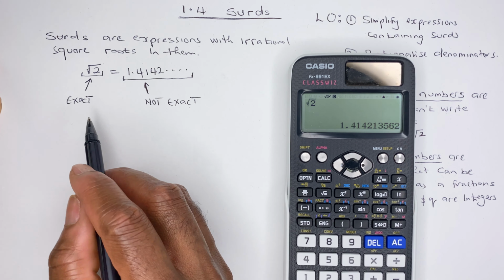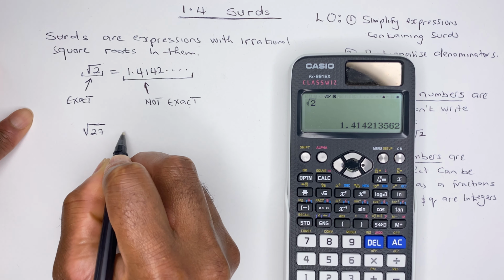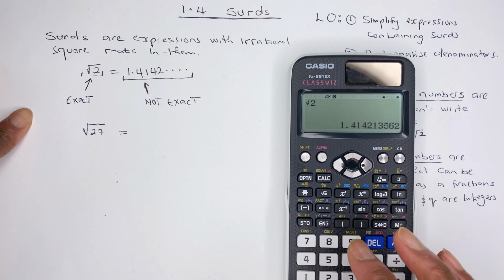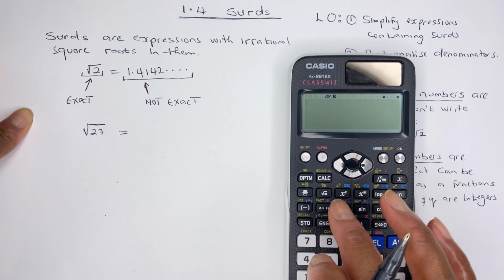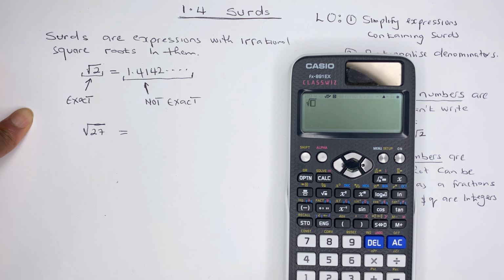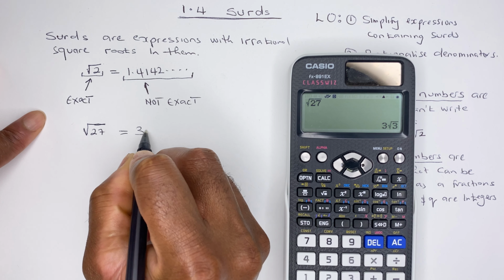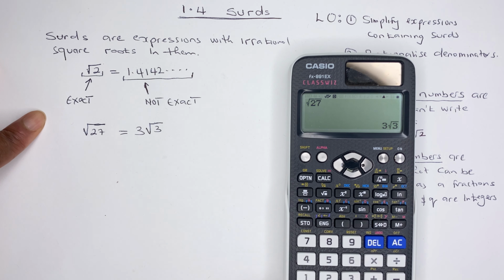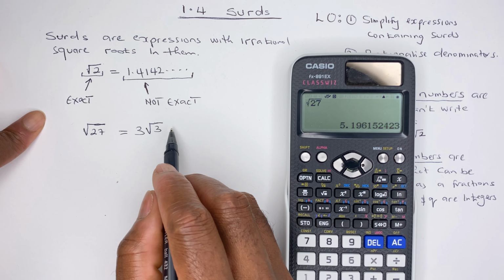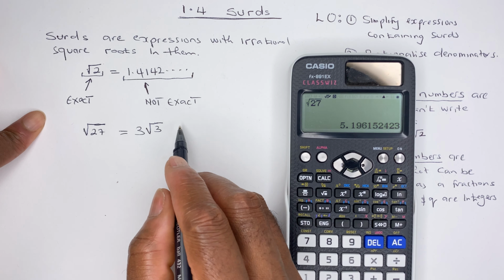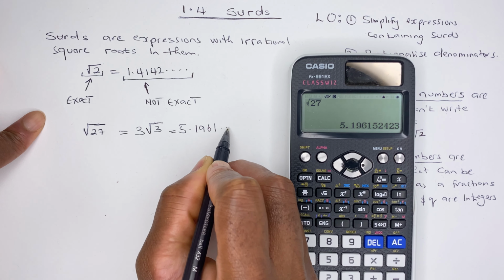So let's look at root of 27. If you clear the screen and press square root of 27, I get 3 root 3. Which means that if I press standard decimal, I get 5.1961, and it goes on forever.